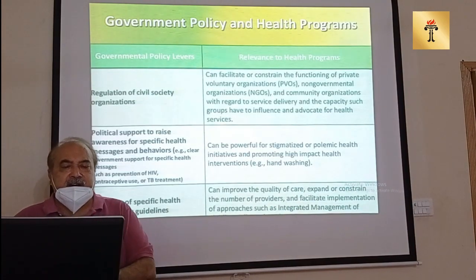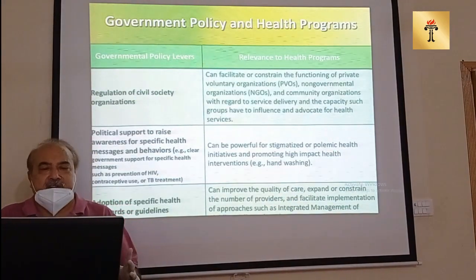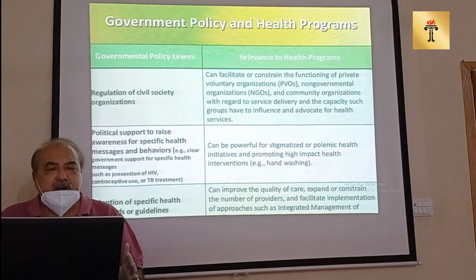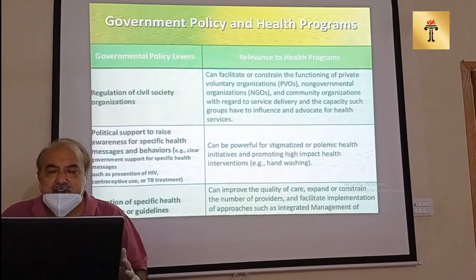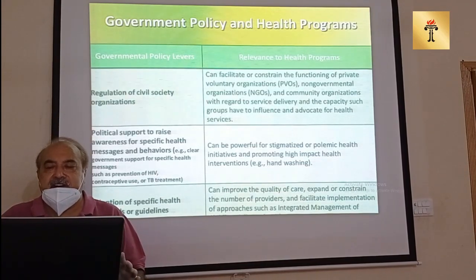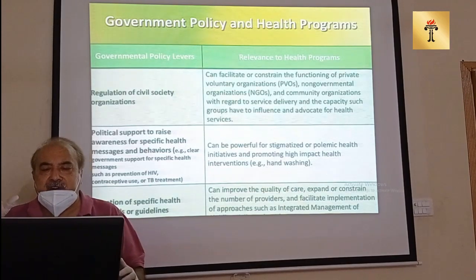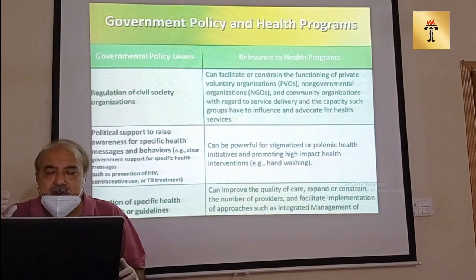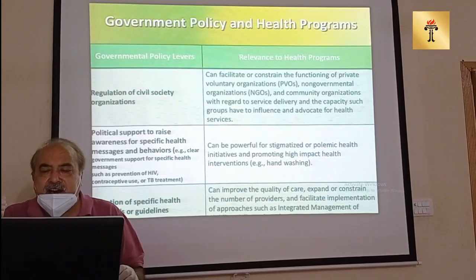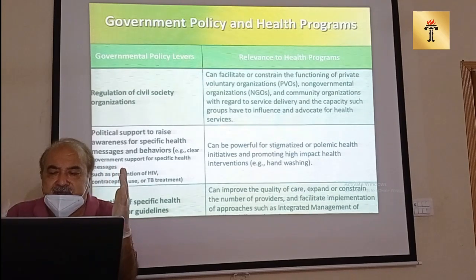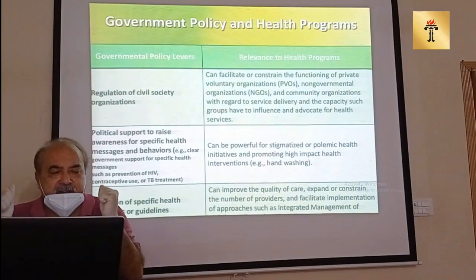Then there is the regulation of civil society organizations. This is also a government policy lever. This facilitates or constrains the functions of private voluntary organizations, NGOs, and community organizations with regard to service delivery, and whether the capacity is appropriate for the health services.